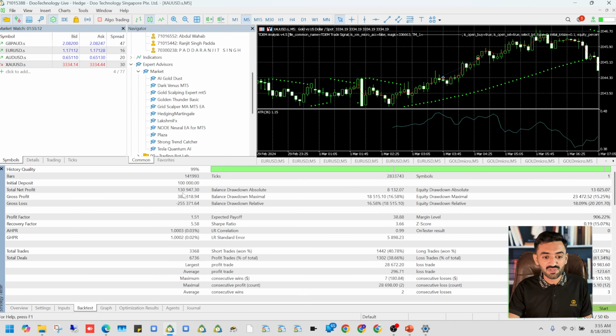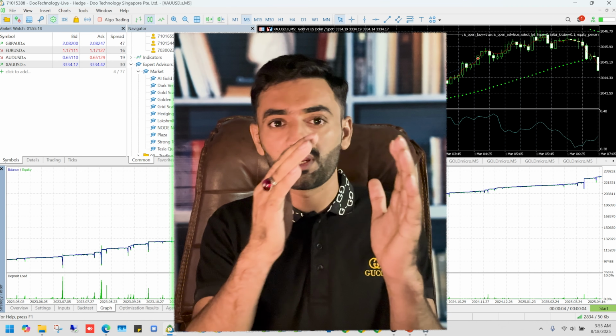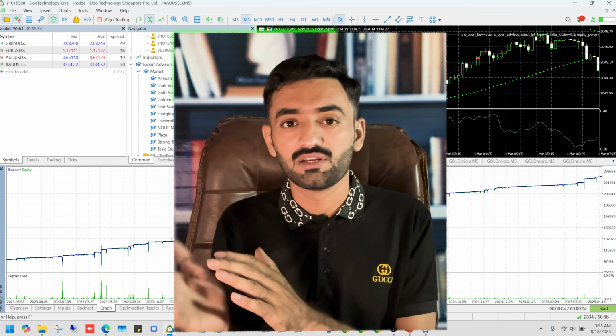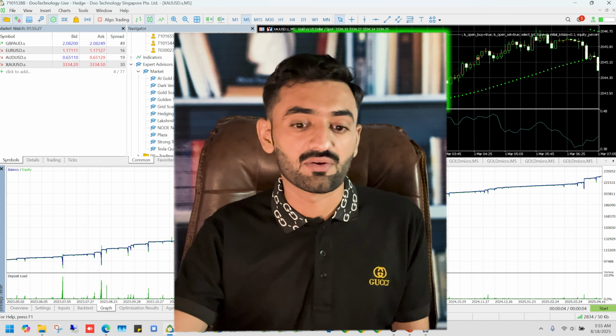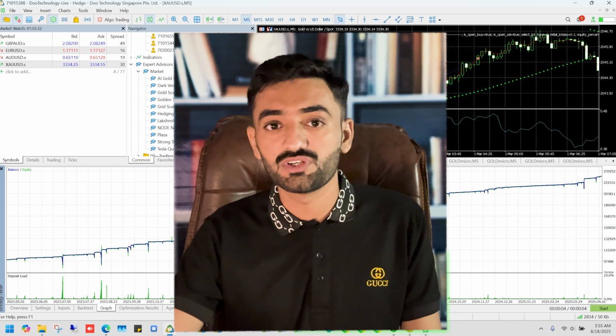When you see here the total net profit is 130%, and when you see the graph it is going consistently upward. What is this? Win rate is even less than 50%. It is around 38% and we are earning 130% growth in the last 2 years.